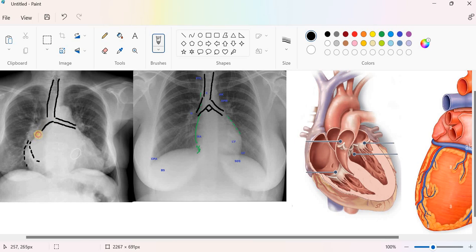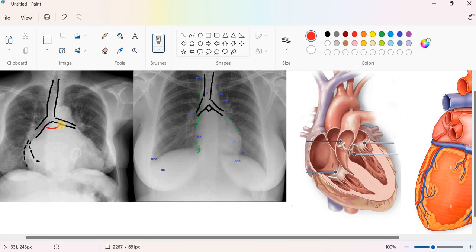The angle is definitely not right or acute, it's obtuse. So this is another confirmatory sign that you can pick up from the X-ray to make sure that whatever you are seeing as the double density sign or double border sign is atrial enlargement.